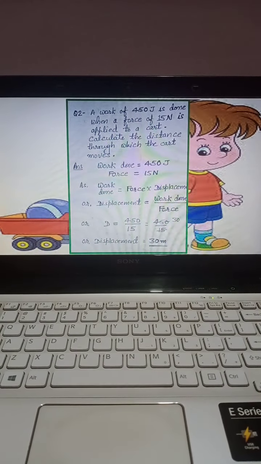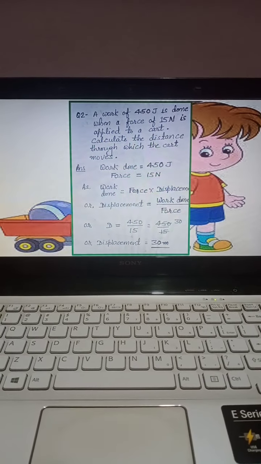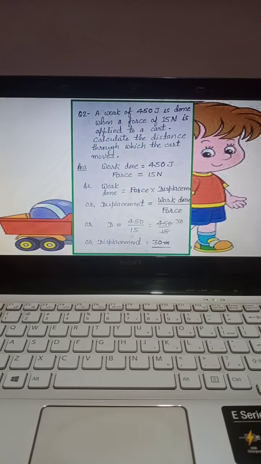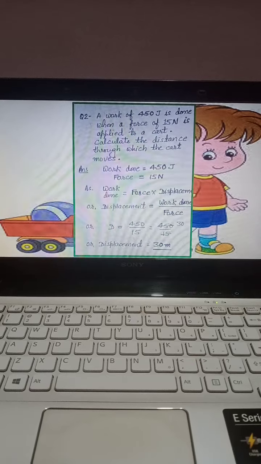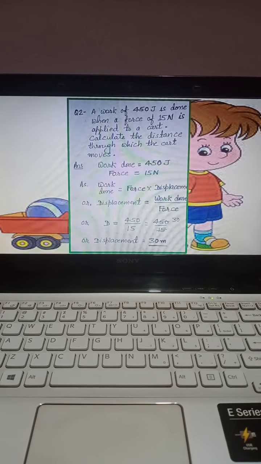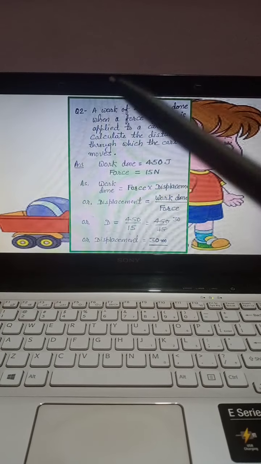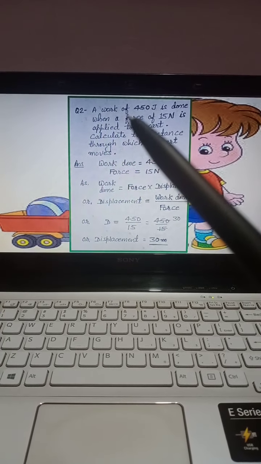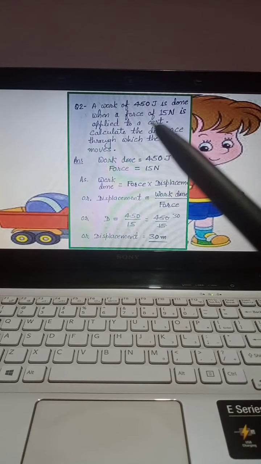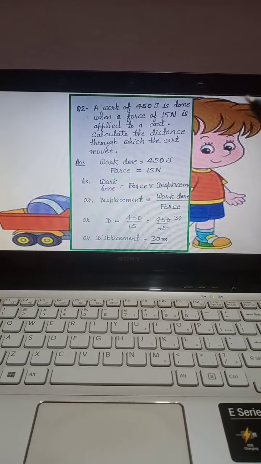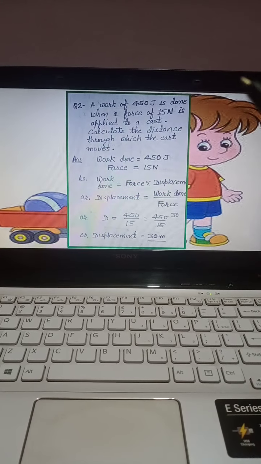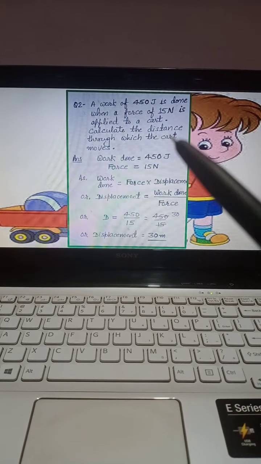Now we are going to see the next numerical. A work done of 450 joule is done when a force of 15 Newton is applied to a cart. Then you have to find out the distance.